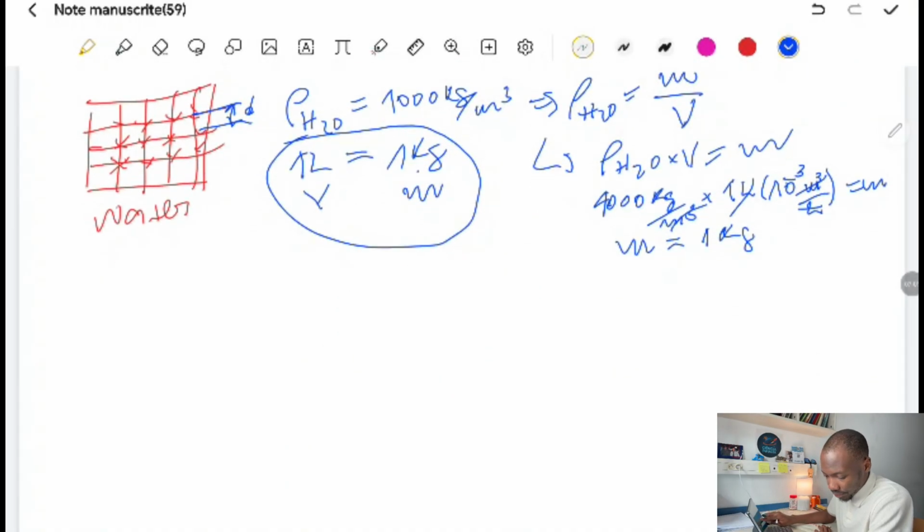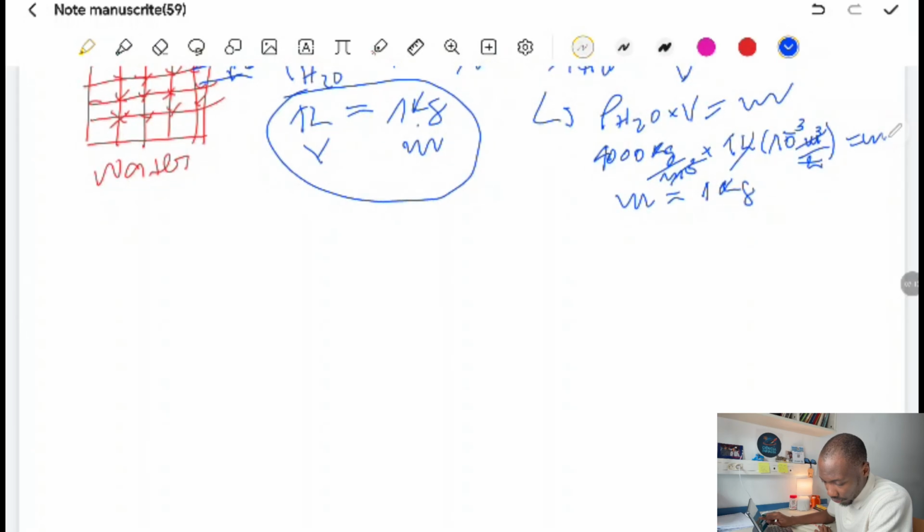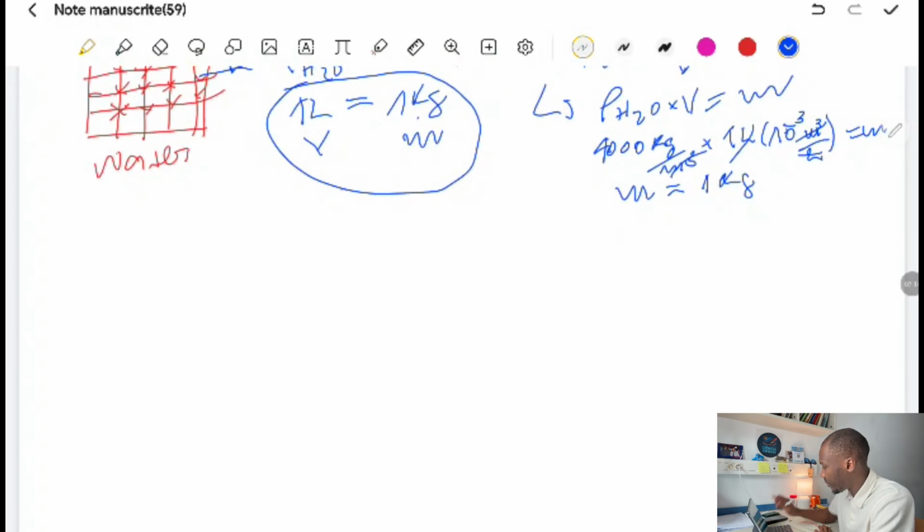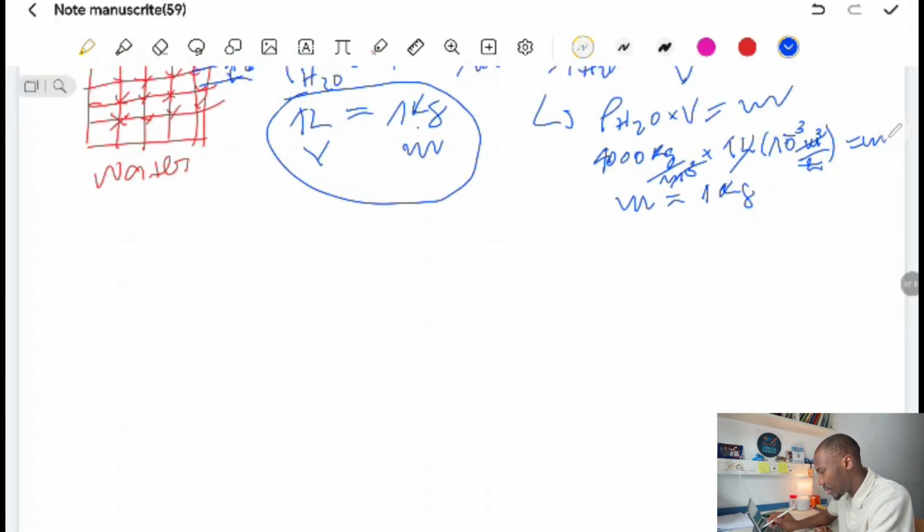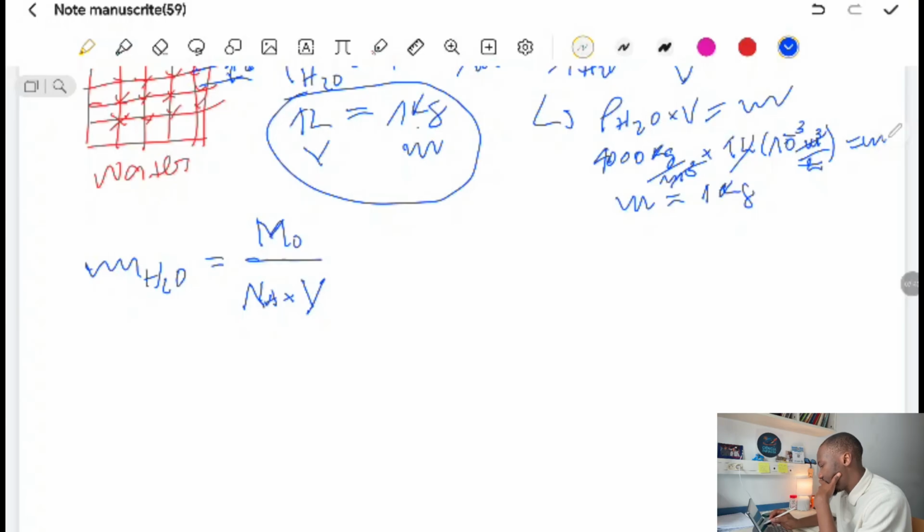Okay, and from this we know as well the formula, given that the mass of water is actually equal to molar mass over Avogadro number times the volume.